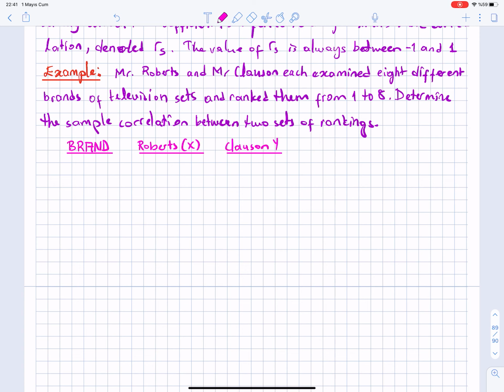We have 8 different brands called A, B, C, D, E, F, G, and H. The ranking by Mr. Roberts is 1 for brand A. For brand B, he gives 4.